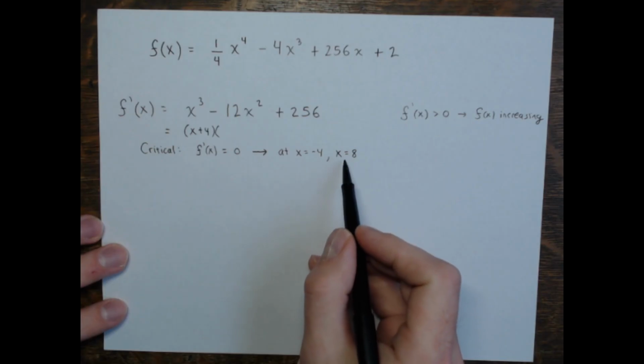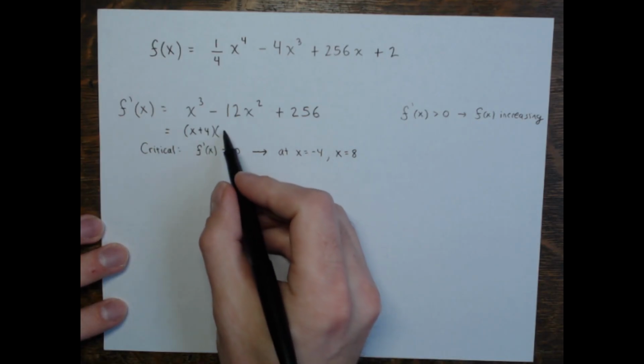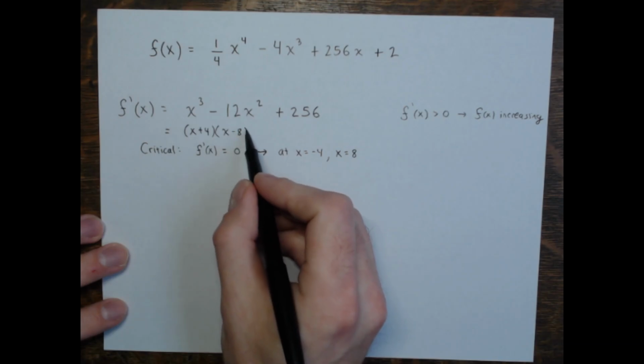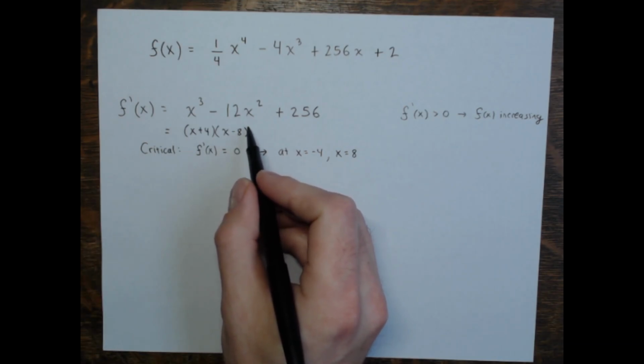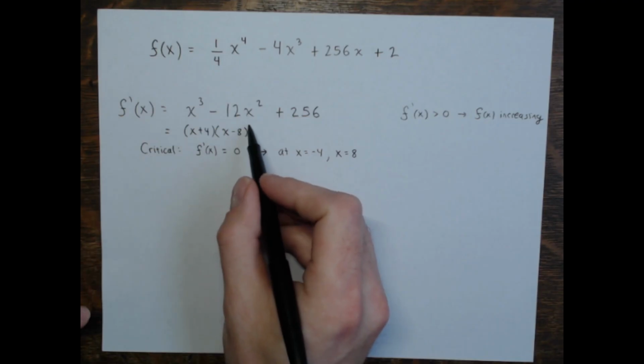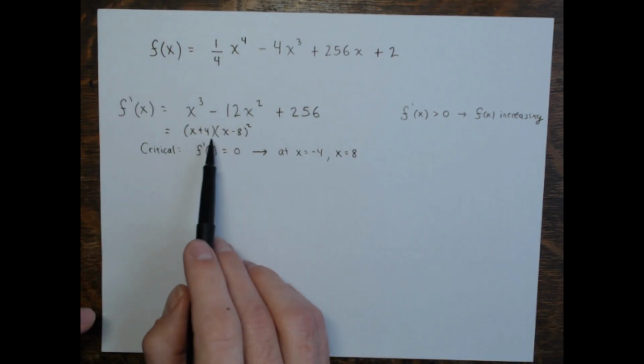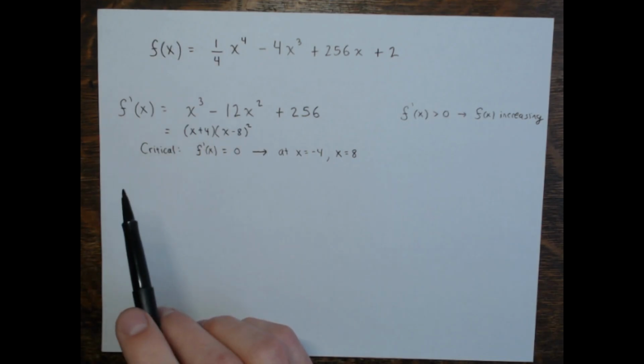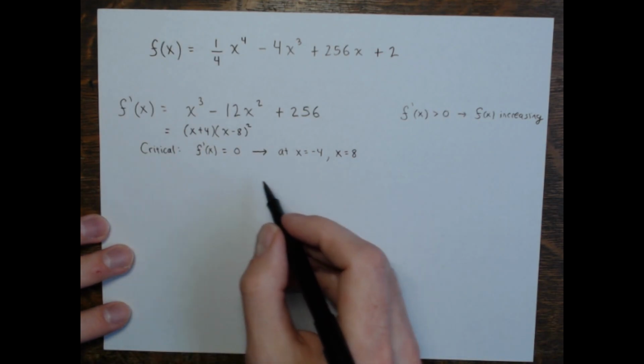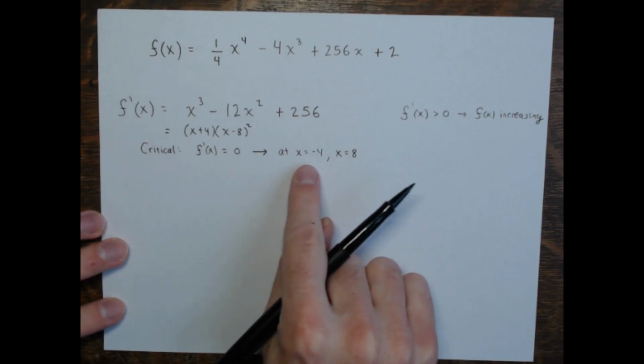And we saw that x equals 8 was a 0, so x minus 8 would be a factor. And then you saw how the graph was bouncing off the x-axis at this point, so it had an even multiplicity. That would tell me that it'd be x minus 8 squared. So if I were to factor this completely, it would factor this way.